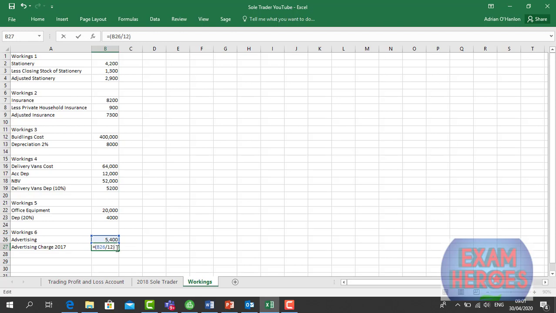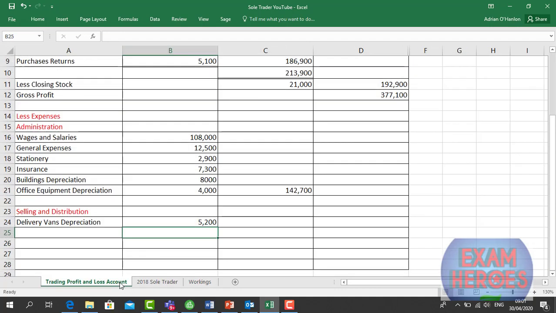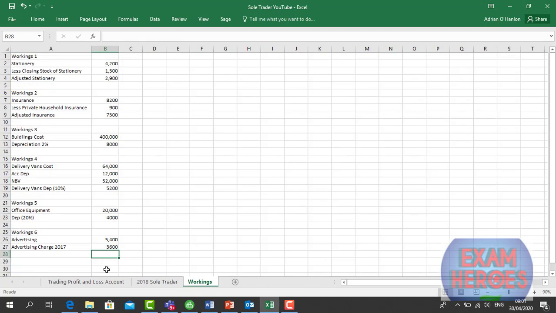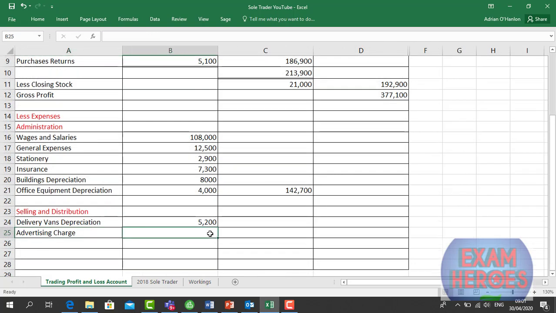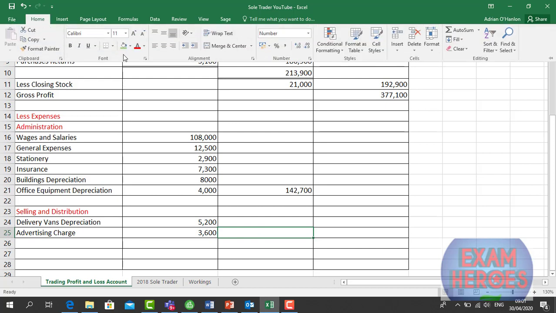I'm breaking it down to months. That's why I divide it by 12, and there's 8 months, multiplied by 8, and you get 3,600. Check the amount again, 3,600. And I'll just add up my selling and distribution charges then.